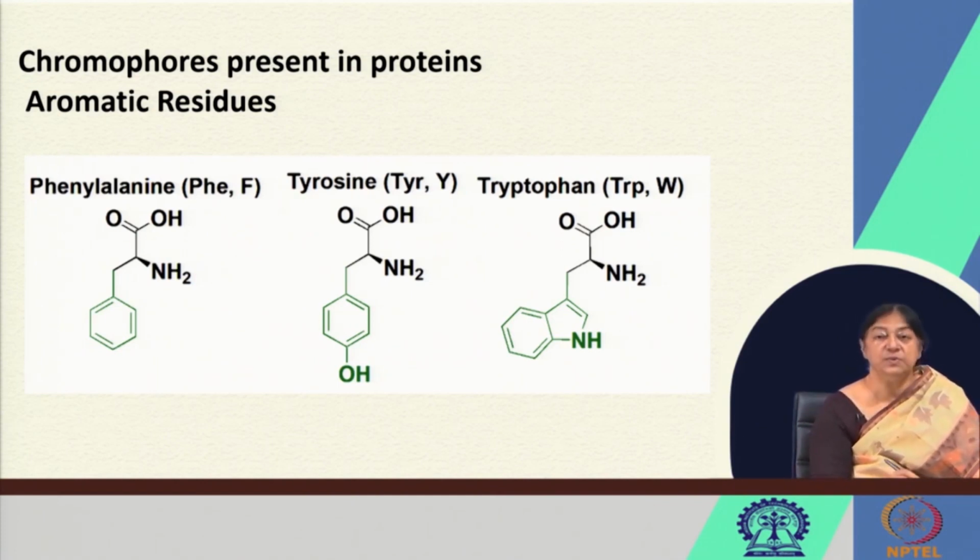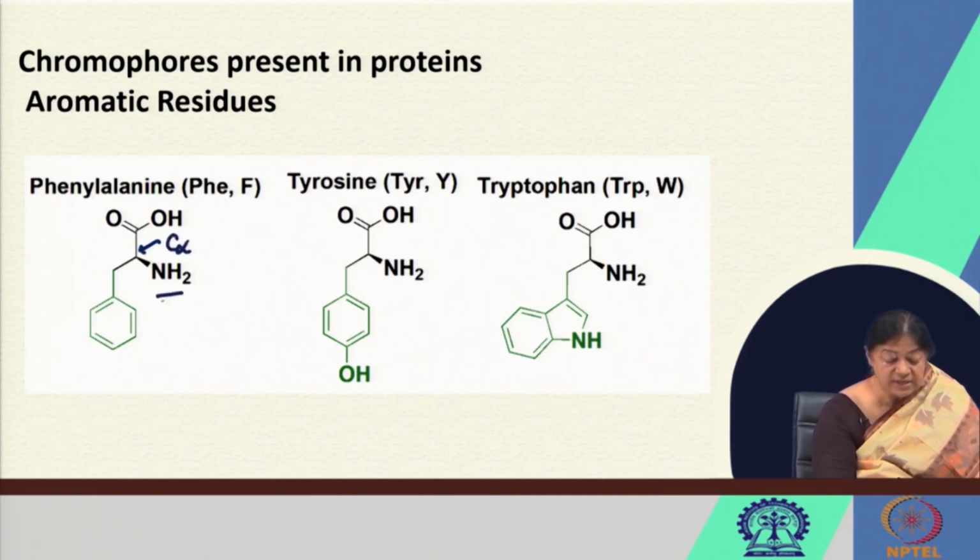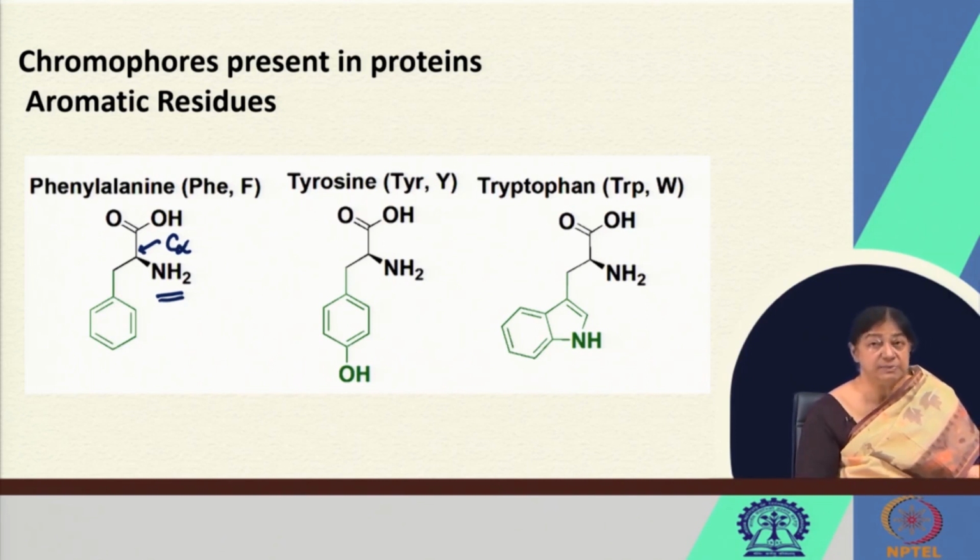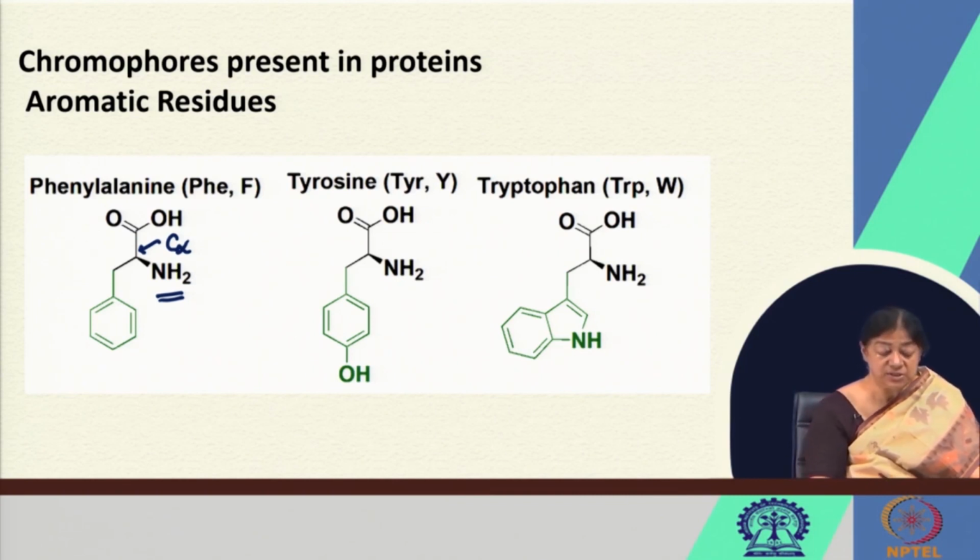So, just like we had looked at all the representations of the amino acids, we know that this atom is called the C alpha carbon. We have the NH2 attached here and the COOH here. This is just a representation. We know that if it is in the zwitterionic form, this is going to be NH3 plus and COO minus.